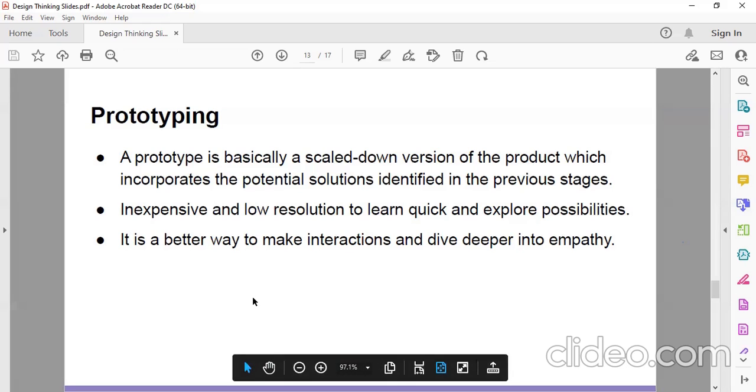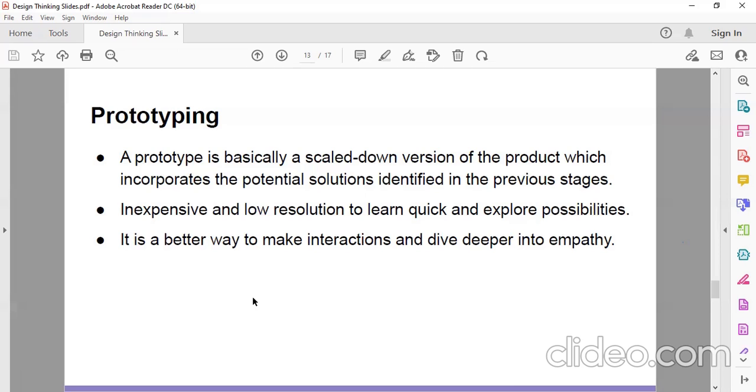You explain to them that this is not a final product, then give them the prototype, ask them to use it and ask for their feedback. We ask them whether this satisfies their expectations, whether this includes all the functionalities they expected. Likewise, we ask them and we empathize with them more.